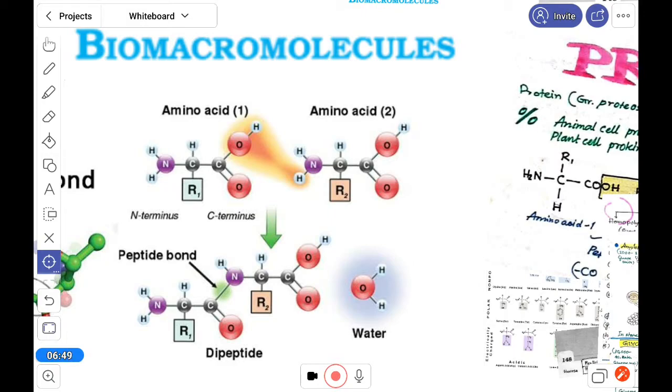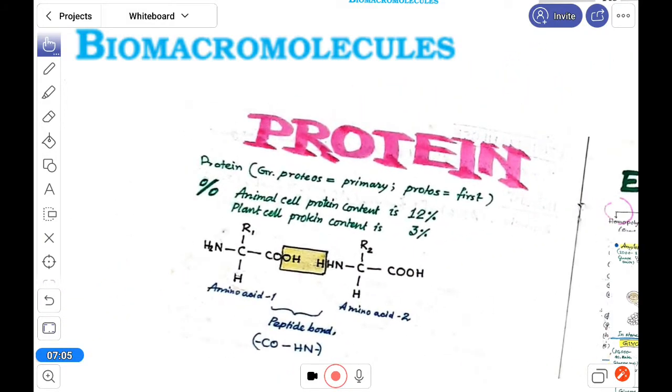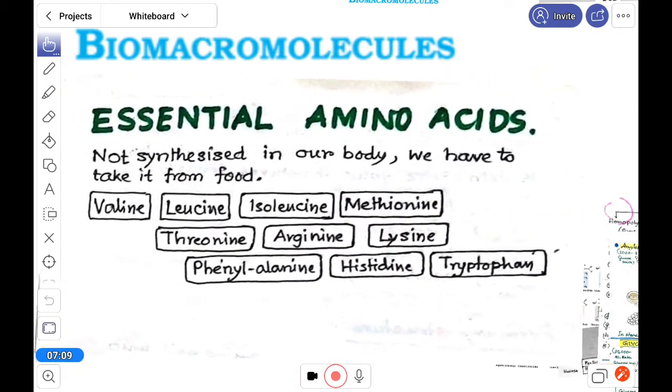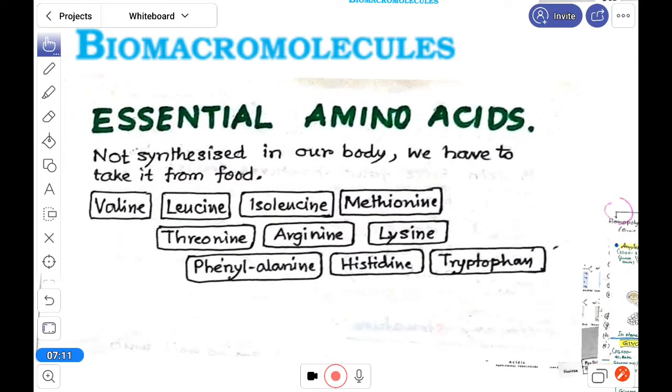Alright, about amino acids, from the long list we have to understand that we cannot synthesize all the amino acids in our body. There are a few essential amino acids that are not synthesized in our body, and we have to take them from food.